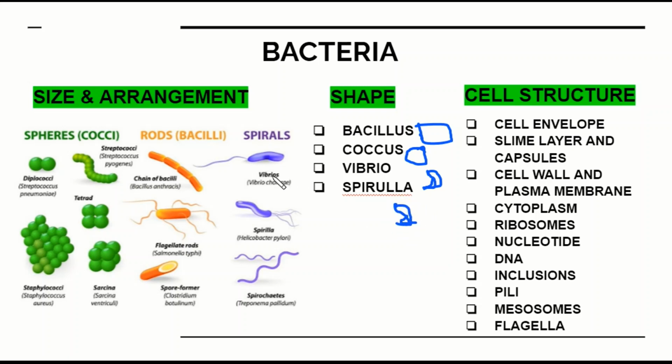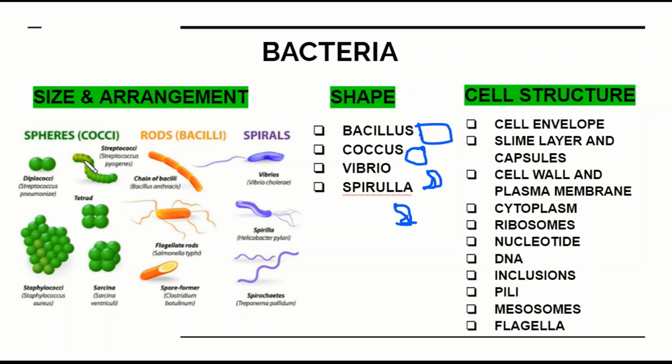If we join two bacillus, then it will form streptobacillus. While if we join two coccus structures, then it will form diplococcus. Similarly, if four, then tetracoccus.